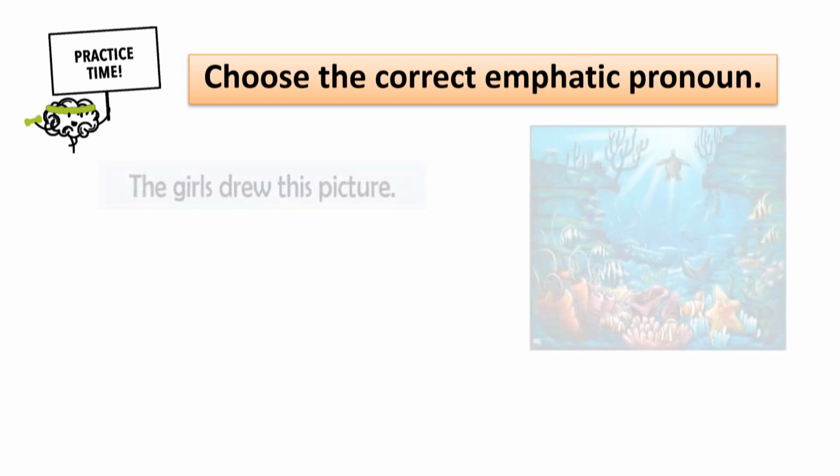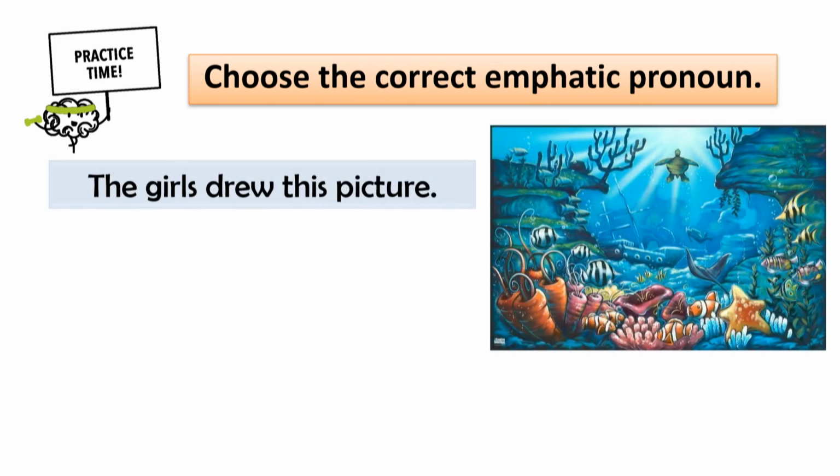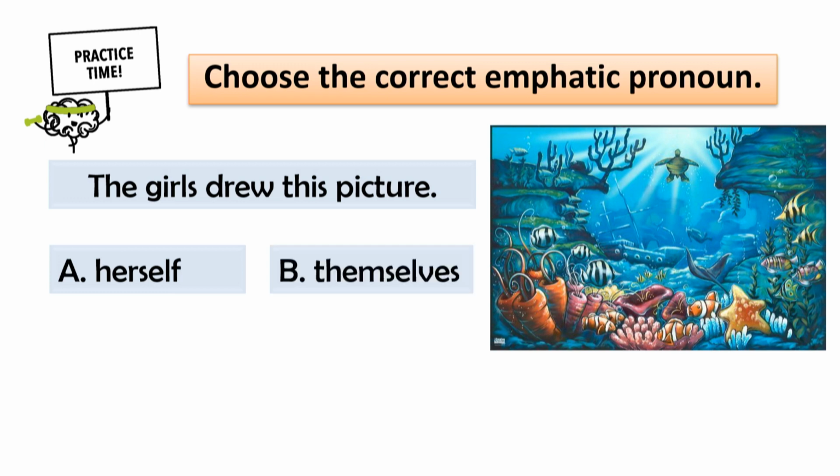A last try. Which emphatic pronoun will you use if you want to emphasize the girls drew this picture? Is it A, herself, or B, themselves? Correct. The answer is B, that is, themselves, to refer to the girls.